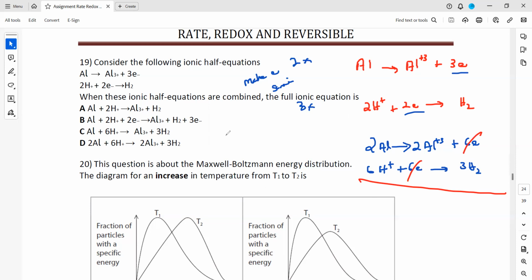So we are left with 2 aluminium plus 6 hydrogen ions gives 2 aluminium ions plus 3 hydrogen. This matches option C, aluminium plus 6 hydrogen ions gives Al3+ plus 3 hydrogen. So whenever we have ionic half equations and want to write a combined equation, the simple rule is: make the number of electrons the same and add the two equations.